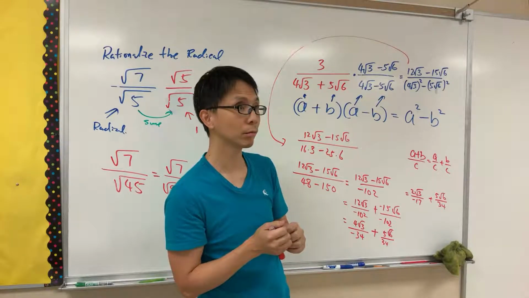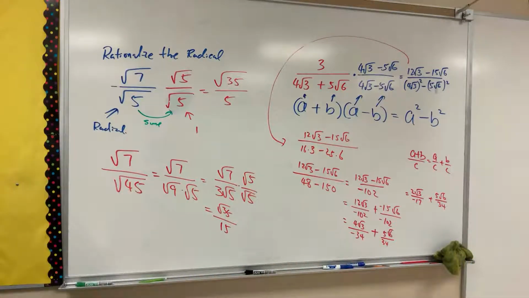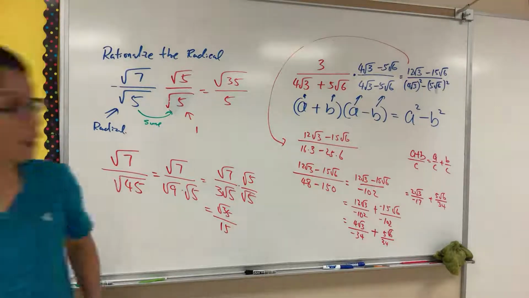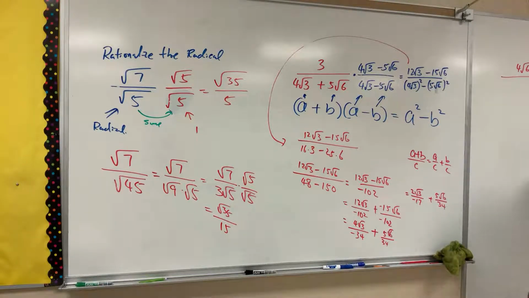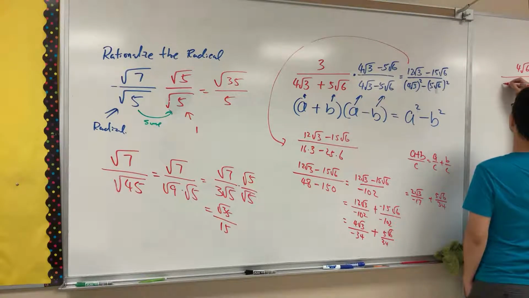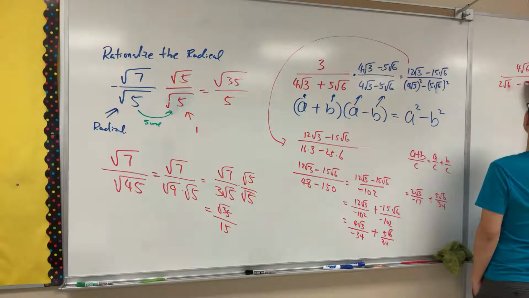Okay? So let's give you one that you can do. Let's go with 6 minus square root of 8, something like this.